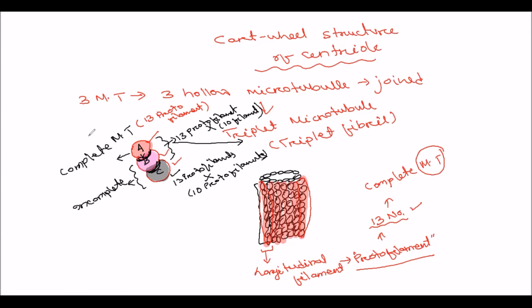So when we see the cartwheel structure, let's see the cartwheel structure of the centriole. How will it look? Cartwheel means just like the wheel of a cart, that is your sagar chaka, it looks just like a cartwheel.